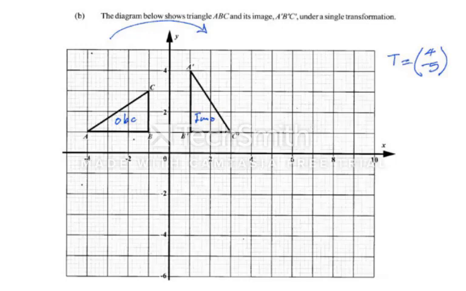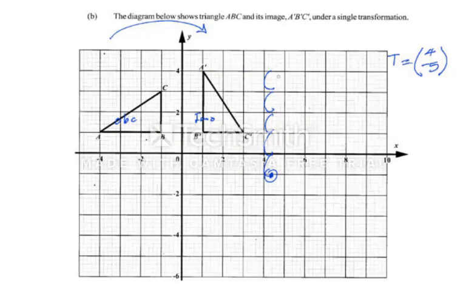So we're going to move the triangle A prime, B prime, C prime 4 units to the right and 5 units down. So if we do that, it's going to move 1, 2, 3, 4 units to the right and 1, 2, 3, 4, 5 units down. So this is going to become the new position of A double prime.